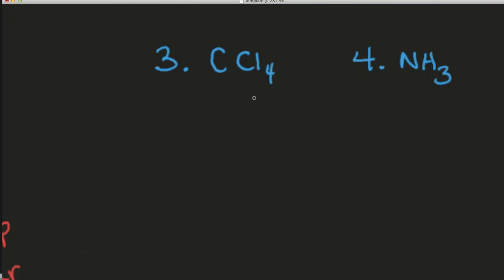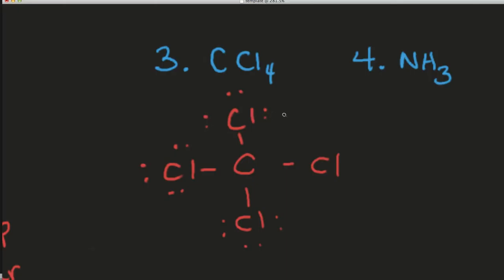Alright, let's look at carbon tetrachloride. You will find that it will look something like this. Halogens form single bonds. Let's make that one pair. That one. And that should be formal charges of 0 for everybody.